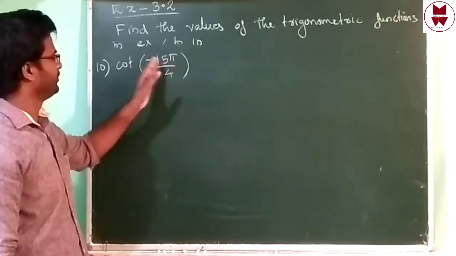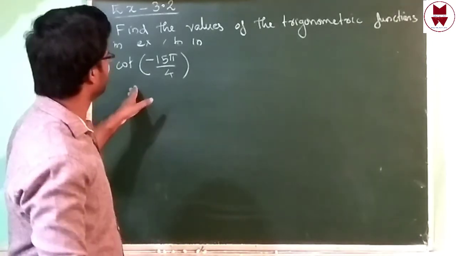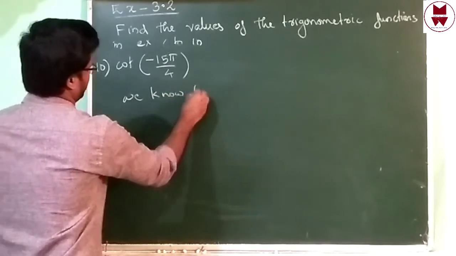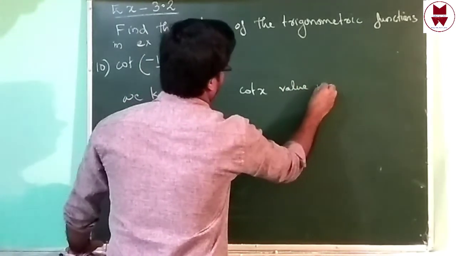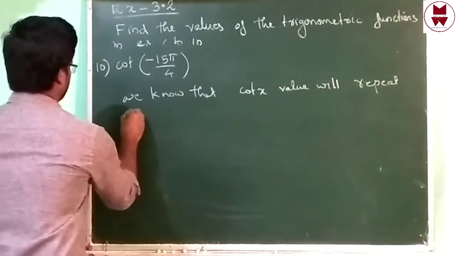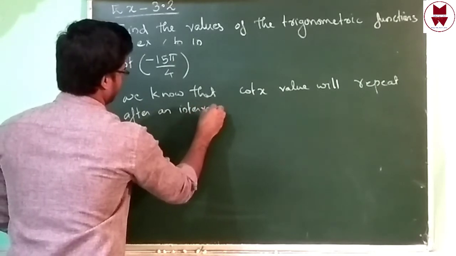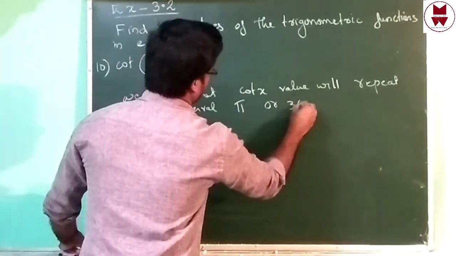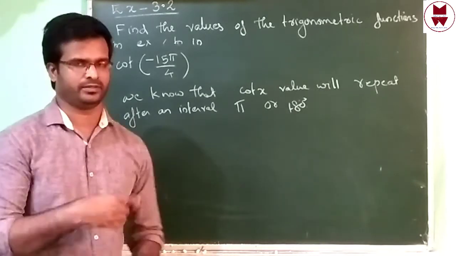Cot minus 15 pi by 4. We know that the cot x value will repeat after an interval, which interval? Pi or 180. After pi or 180, cot will repeat.